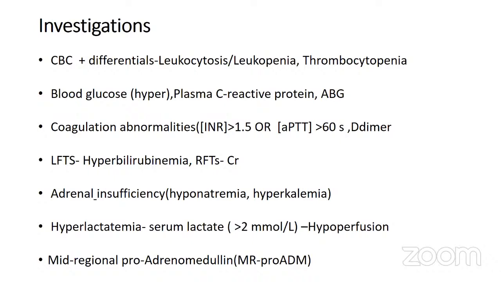The other thing, you're likely to get hyperglycemia in most cases, so your blood glucose is important to take. Plasma C-reactive protein, in any inflammatory state, is likely to be very high. You can do an ABG, and from the pathophysiology you can have hypoxemia, respiratory acidosis, metabolic acidosis, you can have anything, but that helps you to tie up all your findings.